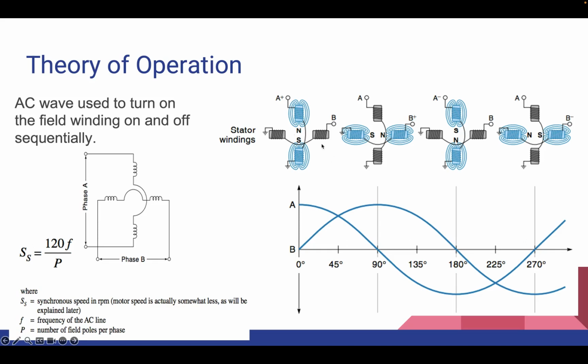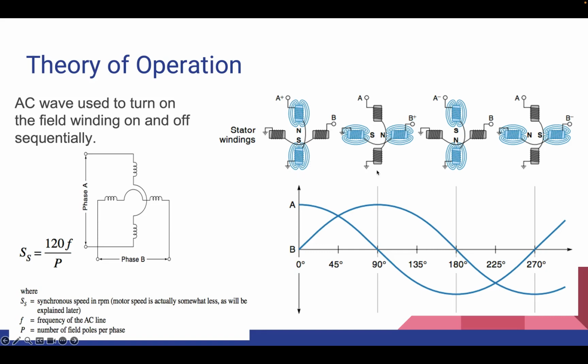The action of two-phase AC on the motor is to cause the stator magnetic field to effectively rotate clockwise, even though the coils themselves are stationary. And the polarity of the applied voltage causes the top winding to present the north magnetic pole to the rotor, and the bottom one presents a south magnetic pole to the rotor.